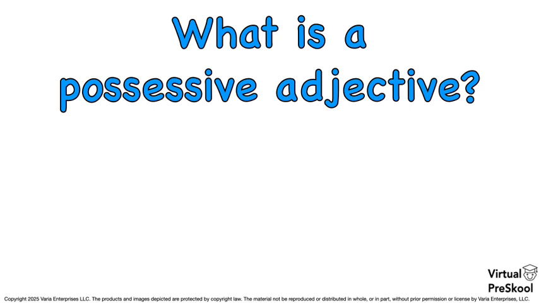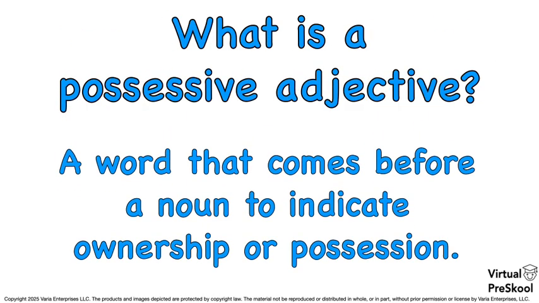So what's a possessive adjective? A possessive adjective is a word that comes before a noun to indicate ownership or possession.